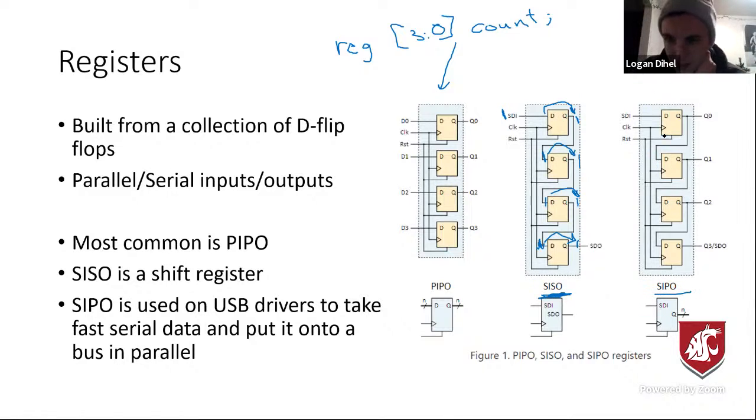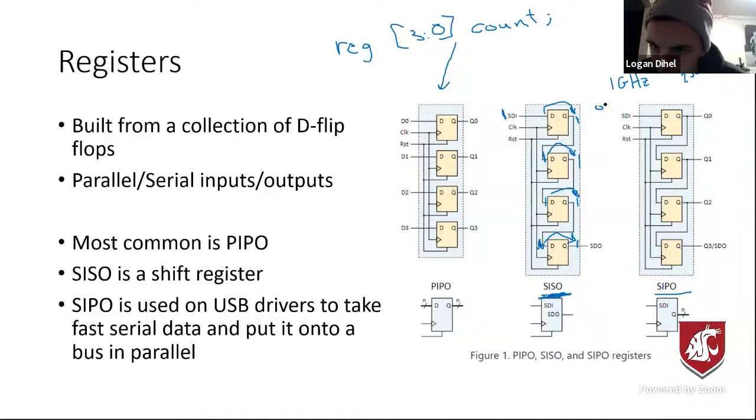So the SIPO, this is like a USB kind of driver or a serial chip. Let's say we have some crazy 100 gigahertz signal coming in, and then we had a bus, but the bus could only run at 250 megahertz. What we would do is this data would come in bit by bit.